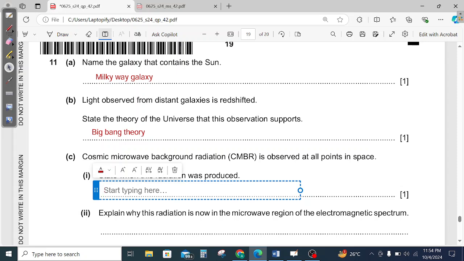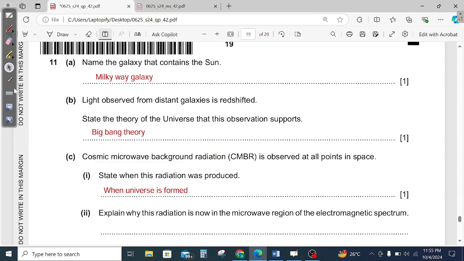When the universe is formed, after that the radiation starts coming out.